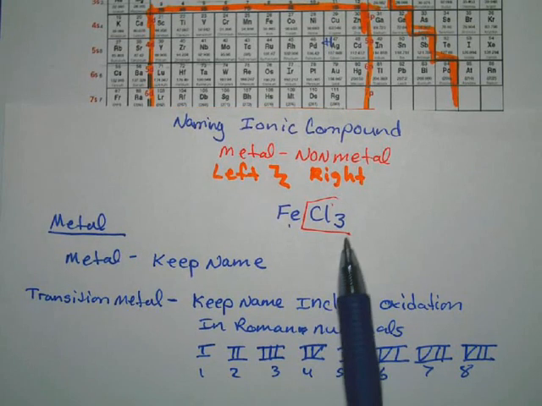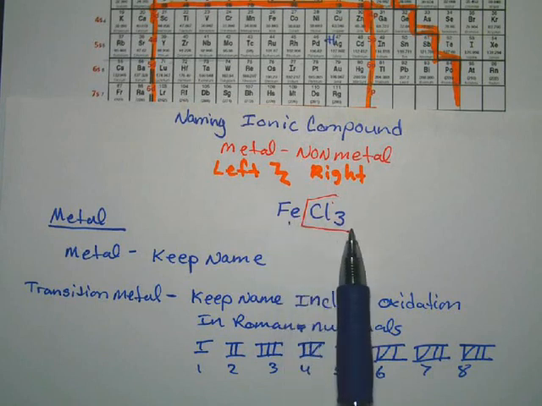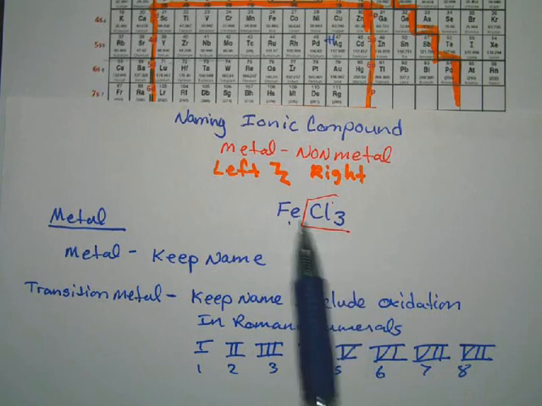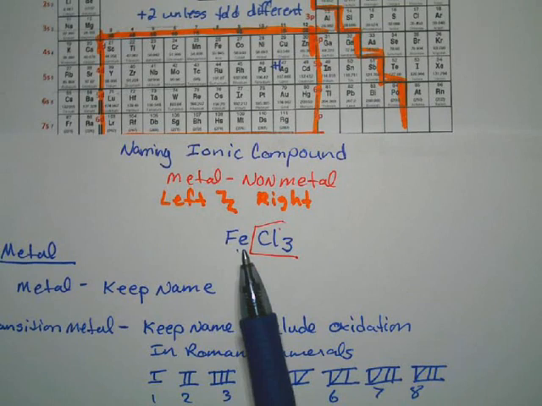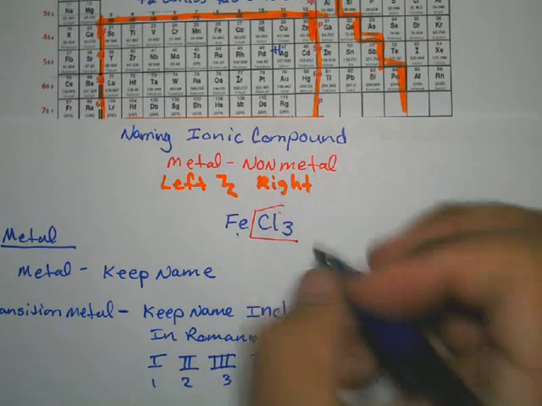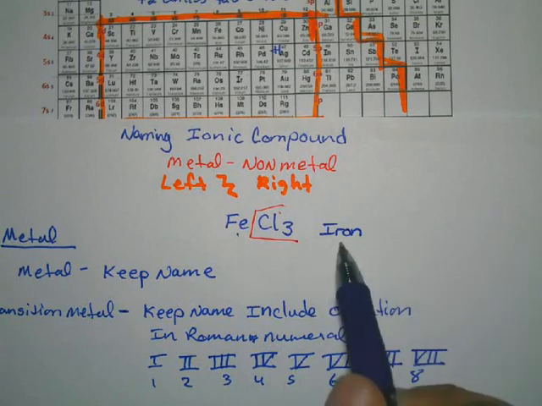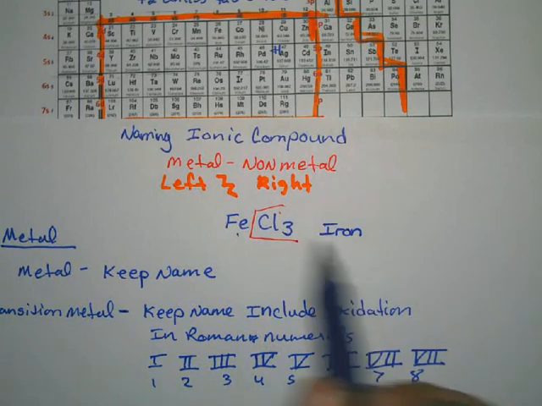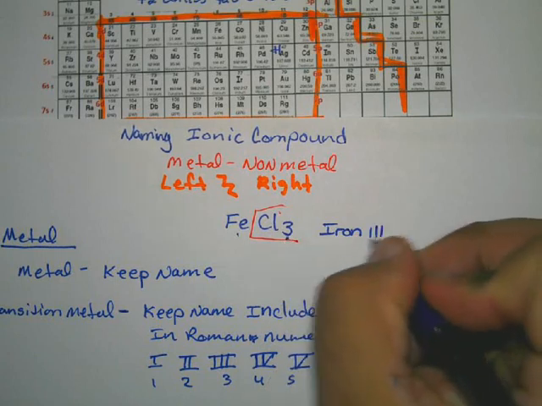What is iron's oxidation number? Well, what did iron give the chlorine when they hooked up? He gave them the 3. So you're going to undo the swap and drop. That's why I taught that swap and drop to you, so you can see that this number actually came from the iron. So if I was to start this guy's name off, his name would be iron, because metals keep their name. But since iron is a transition metal, I got to include his oxidation number. He gave that 3 to chlorine, so this is iron 3.